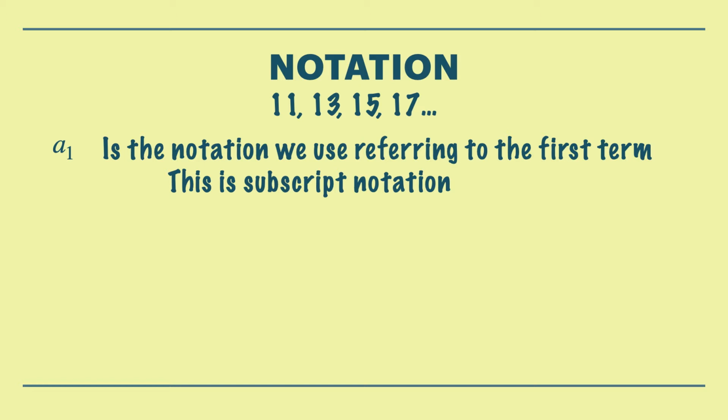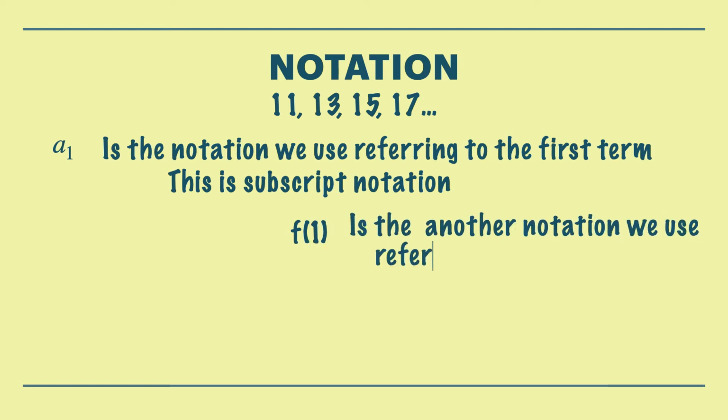Now, we have learned another way to write this a long time ago at the beginning of our school year, and we wrote it like this. And if you remember, that's called function notation. And function notation, when I put in a 1 instead of an x, is another way to refer to the first term of my sequence. Okay?